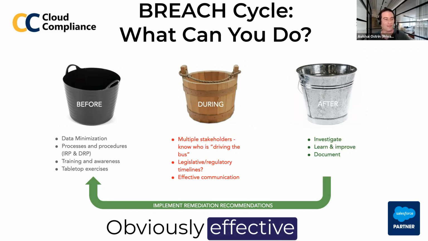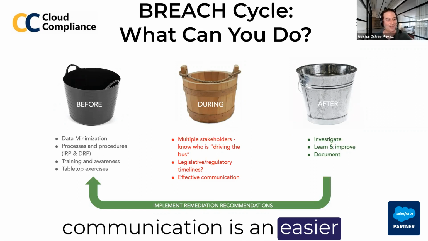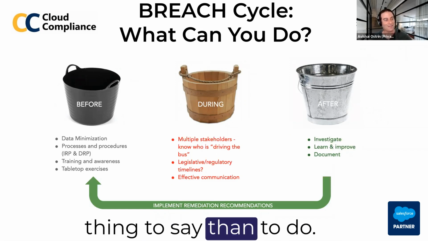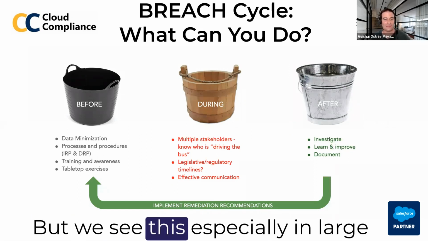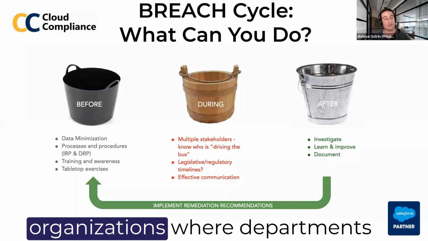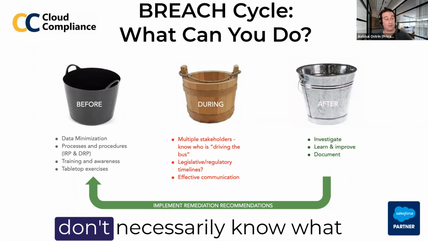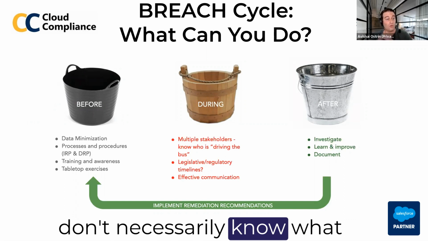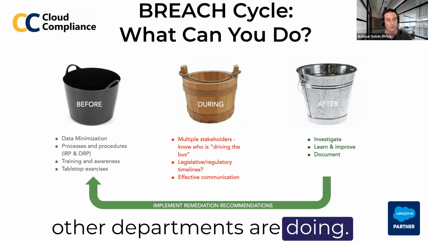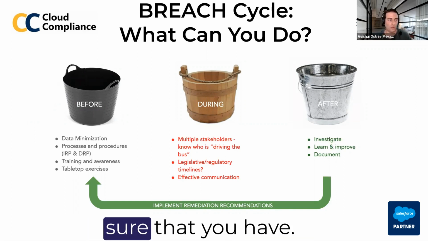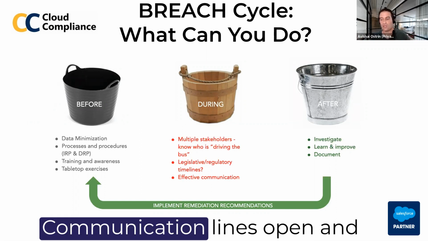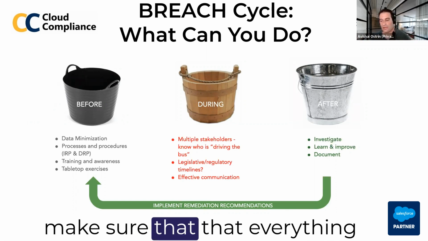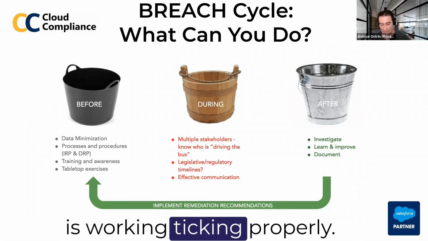Obviously, effective communication is easier to say than to do, but we see this especially in large organizations where departments don't necessarily know what other departments are doing. So it's crucial to make sure that you have communication lines open and that everything is working properly.